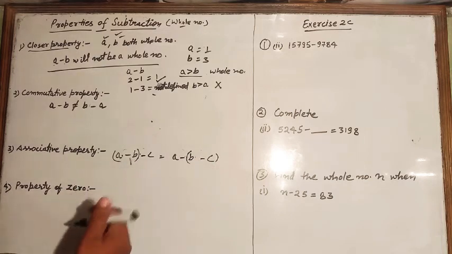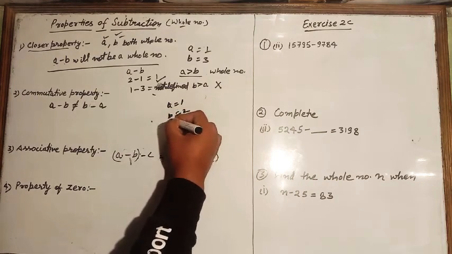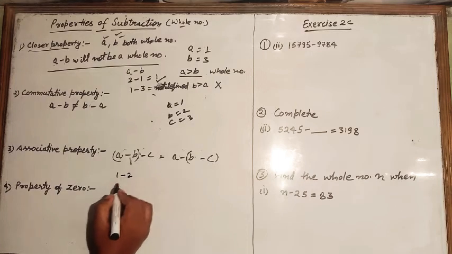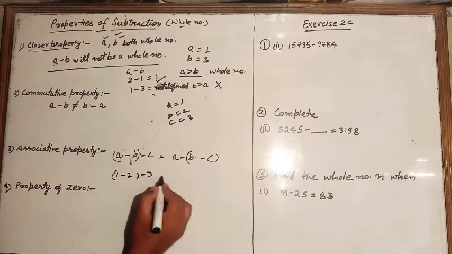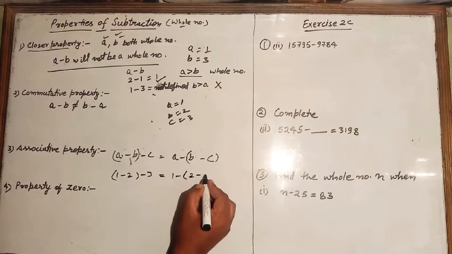Now we will check with an example. Suppose a is equal to 1, b is equal to 2 and c is equal to 3. Now check: (1 minus 2) minus 3 is equal to 1 minus (2 minus 3).